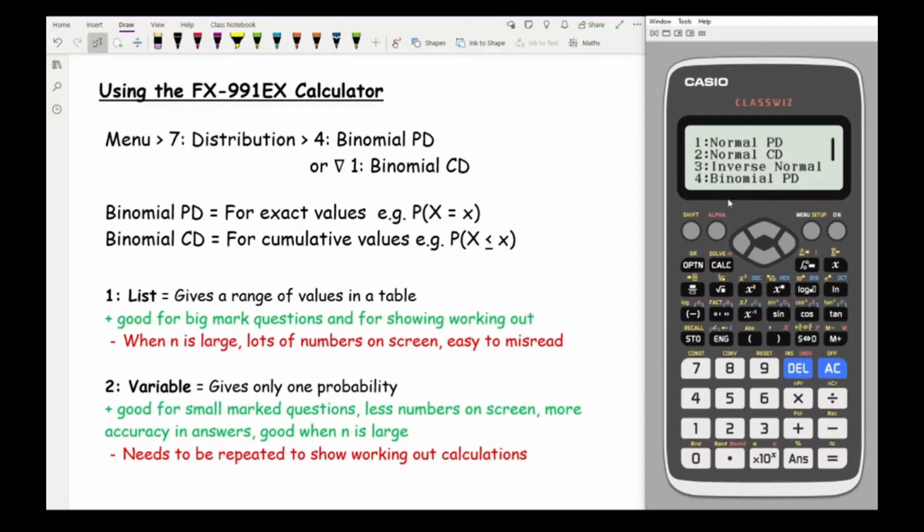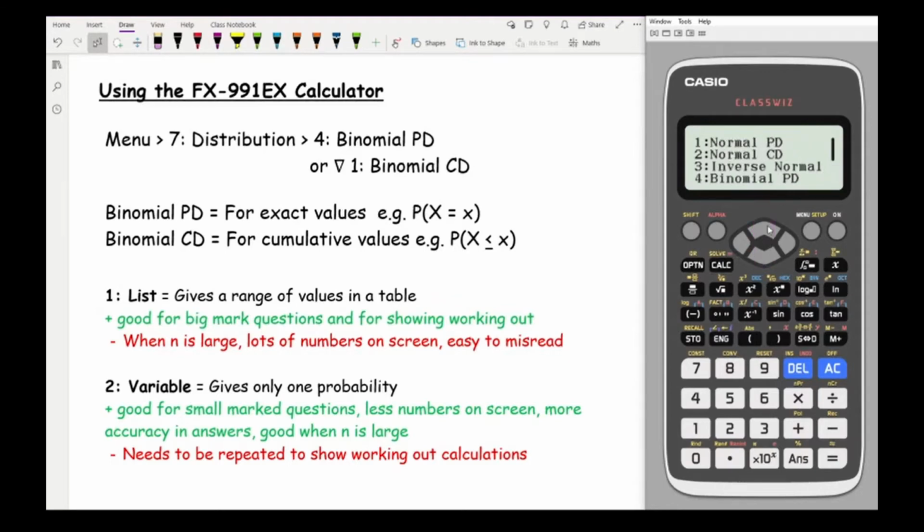Depending on what level, of course, or what exam board you're doing, you might look at different distributions. For the AQA, normal distribution tends to come in year 13, but you can also get Poisson on there as well. On the first screen, you've got the option of binomial PD, which is option 4, and if you scroll down, you'll then have access to binomial CD.